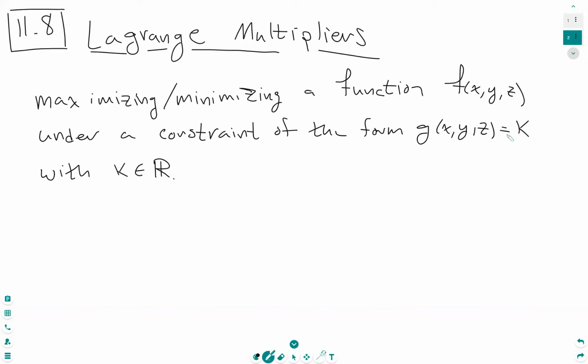So G is in fact a level surface in R4, right? We have X, Y, and Z is equal to some constant K. Okay.